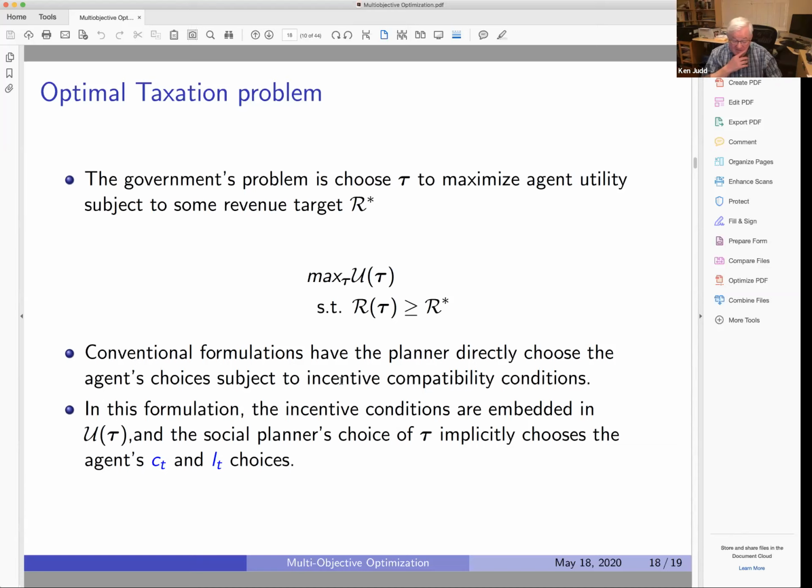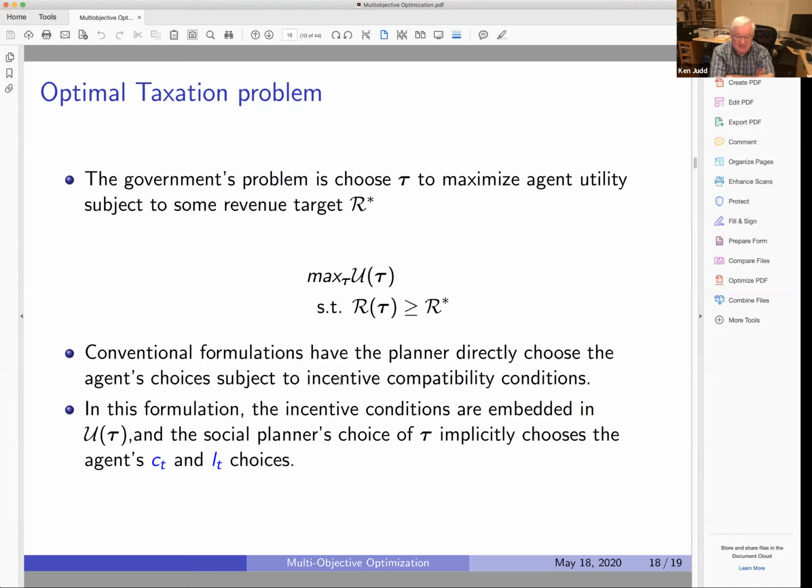It's awful. And if you try to solve one of these problems using, let's say, a standard optimizer, you could end up in deep trouble. Outside of some simple problems, the standard software can't handle these problems because of the non-convexities in the tax schedule, various things.